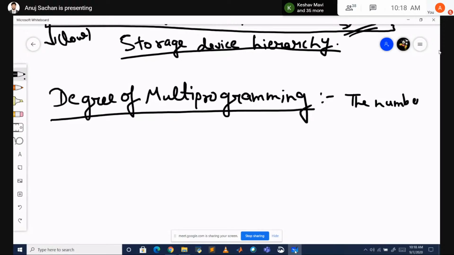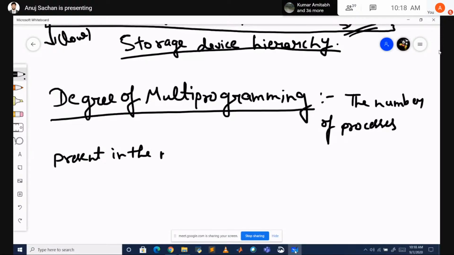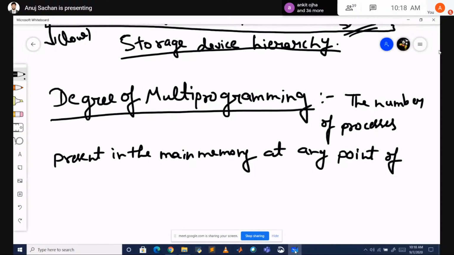The number of processes present in memory at any point of time, or degree of multiprogramming.